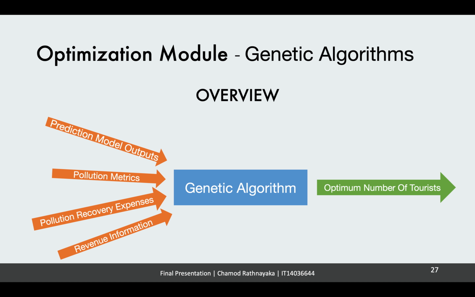These are some of the metrics we are using, the pollution metrics and the recovery expenses. When we are defining the fitness function, we use these to evaluate the output of the algorithm, how accurate it is.